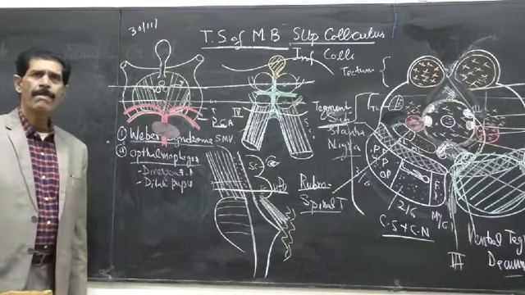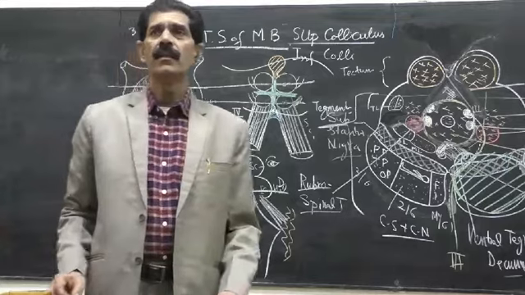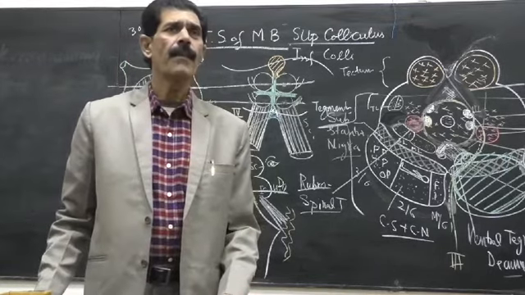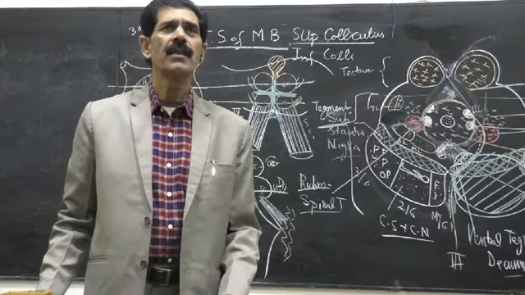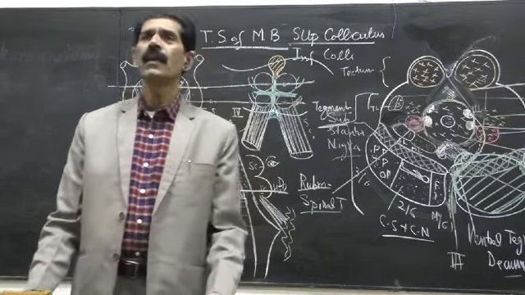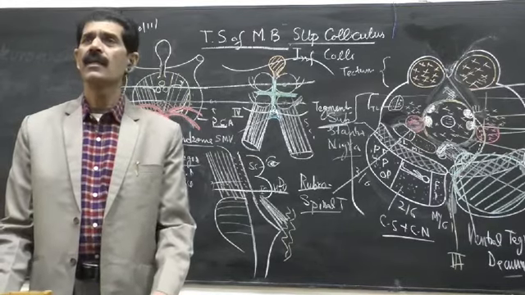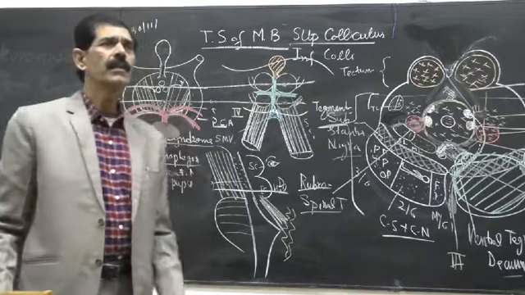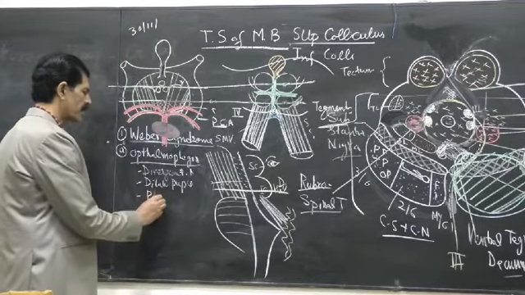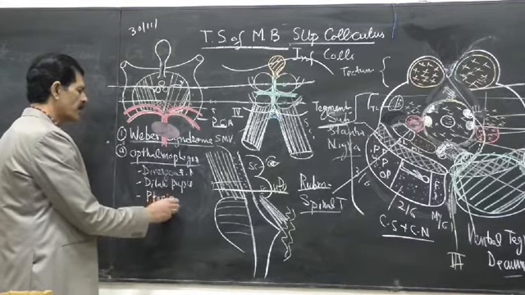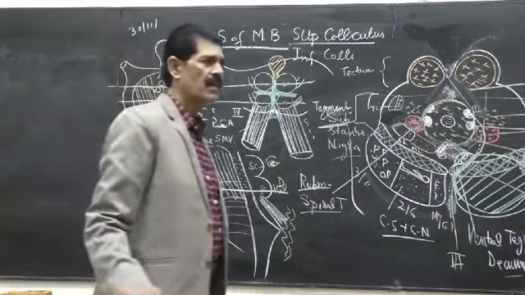This is ophthalmoplegia. Then another problem is the oculomotor nerve also carries the sympathetic fibers, which also supply the levator palpebrae superioris. So that is also affected, that leads to the ptosis, drooping of the eyelid of the affected side. So ptosis will be there because of the paralysis of the LPS.